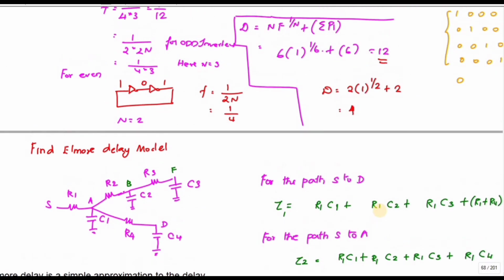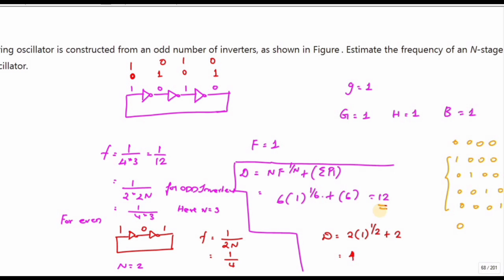Okay. So suppose if I want to implement even number of inverters. Okay. So it is 1, 0, 1. For the next stage also it is 1, 0, 1. So I am having only two stages. So n is 2 here. Okay. So 2 into 1 whole power 1 by 2 plus 2.